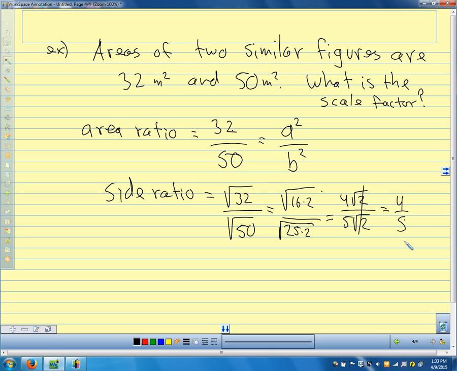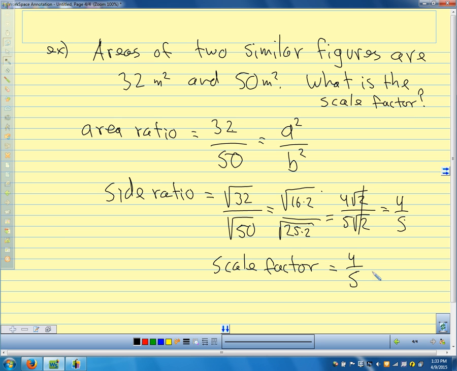Is the side ratio the same as the scale factor? That's how we find the scale factor, right? Make the ratio of the sides. Side ratio is 4/5. So the scale factor is the same as the side ratio, 4/5.